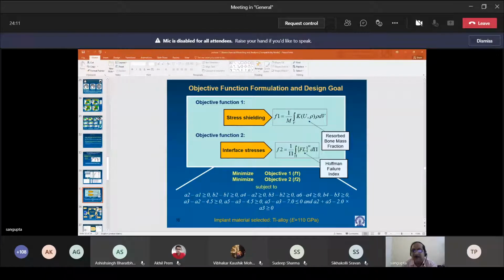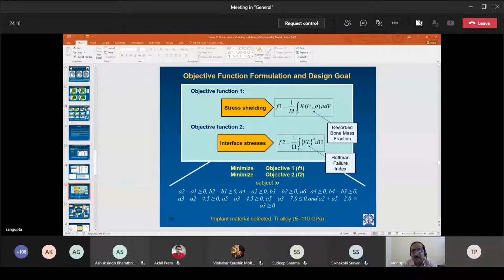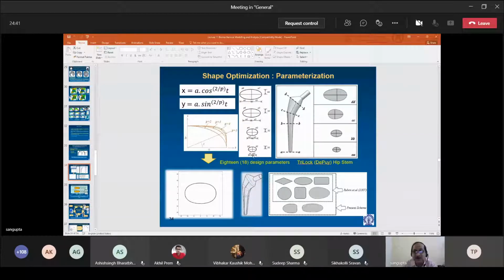Now, obviously, an optimization problem will have objective functions, the primary things. So minimize objective 1, minimize objective 2, F1 and F2, subject to certain constraints. So what are these parametric constraints? There are parametric constraints, A1, A2.